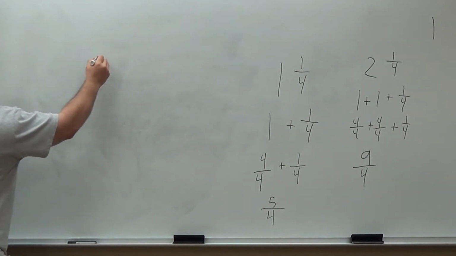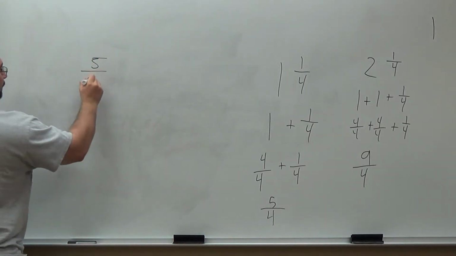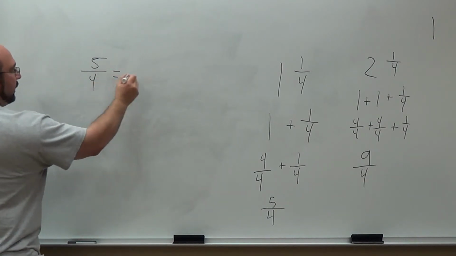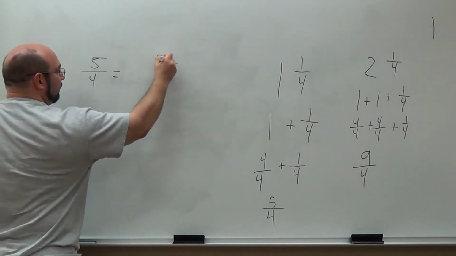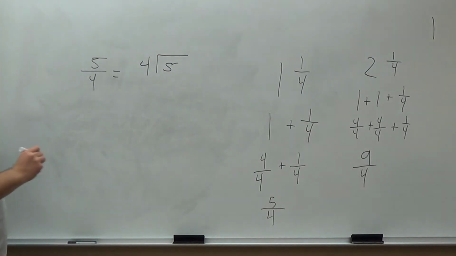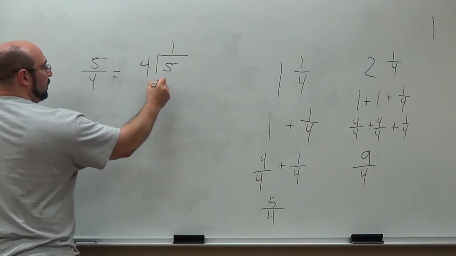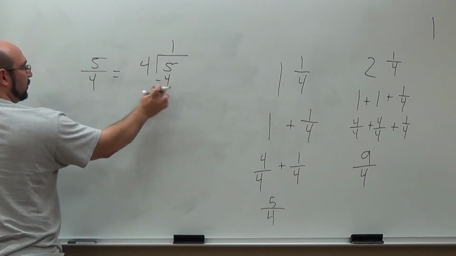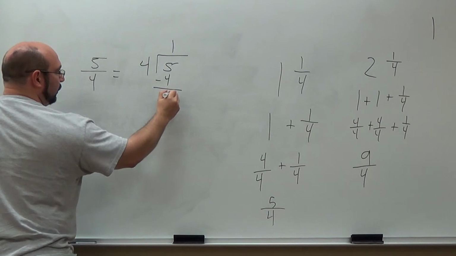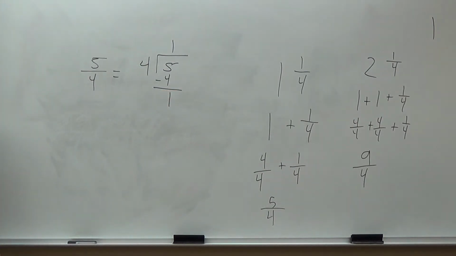Now if we think of 5/4, what we're saying is 5 divided by 4. We know that 4 goes into 5 one time. 1 times 4 is 4. We subtract the 4 and have our 1 for our remainder.